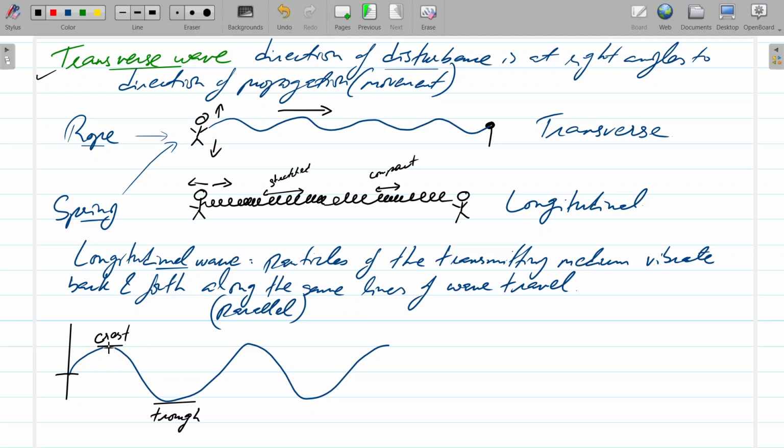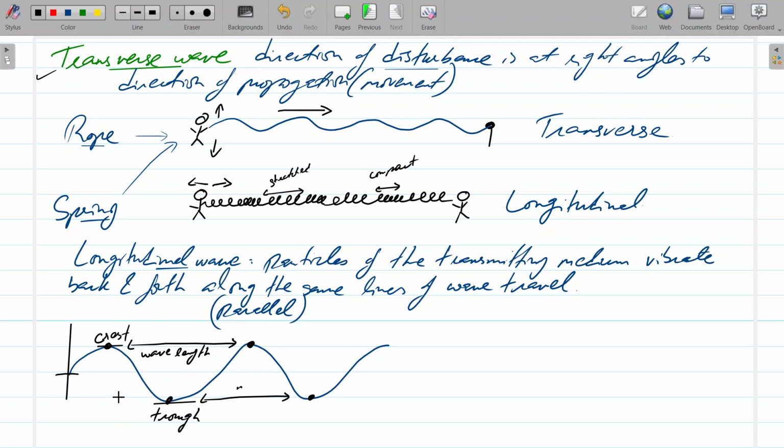The distance between two consecutive crests or two consecutive troughs is called the wavelength. So what's the wavelength of the wave? It is the distance between two consecutive crests or two consecutive troughs in a transverse wave.